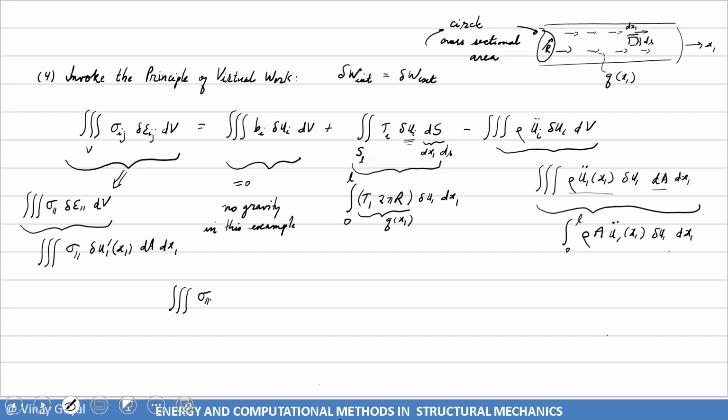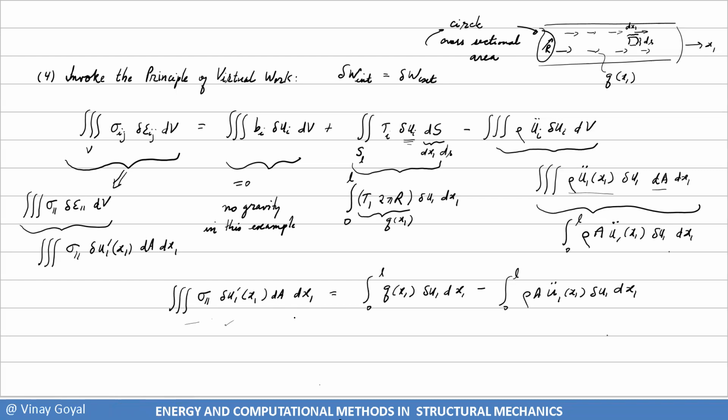Triple integral sigma 1 1 del u1 prime x1 dA dx1 equals integral 0 to L, and then I just called the whole thing qx1 del u1 dx1 minus integral 0 to L rho a u double dot 1 x1 del u1 dx1. Beautifully done.